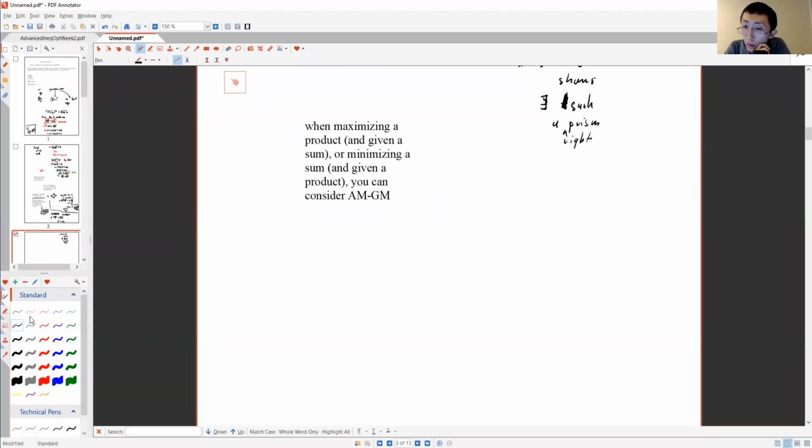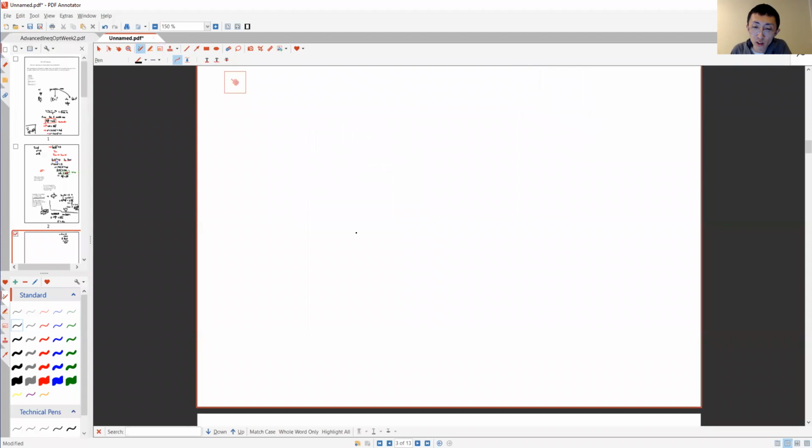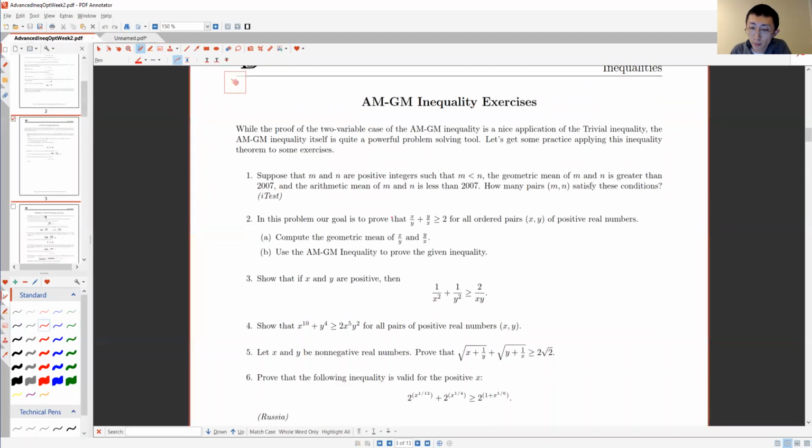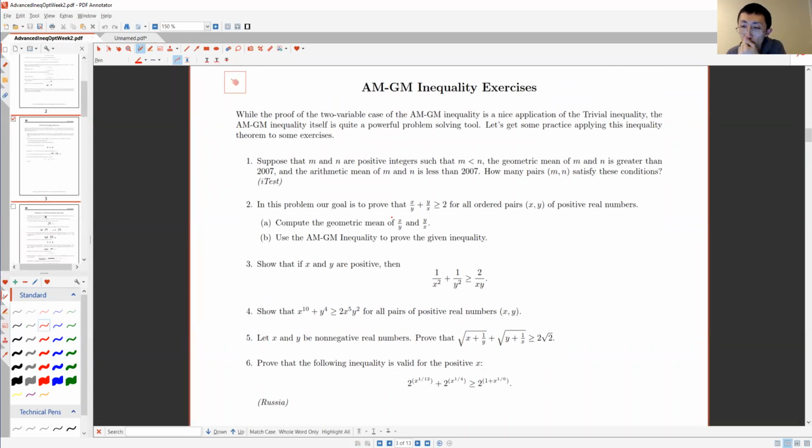So, okay, let's prove the AMGM inequality in general now. Actually, let's look at number 2 on this part, and then we'll prove the general case.